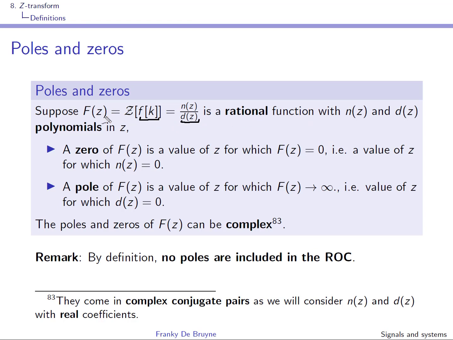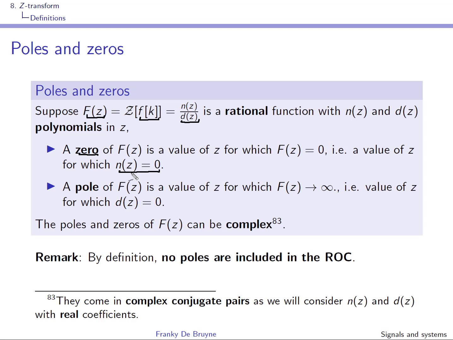This means that f of z can be written as N(z), the numerator polynomial, divided by D(z), the denominator polynomial. And a zero of f of z is a value of z for which f of z is equal to 0. So obviously it's a value of z for which N(z) is going to be 0.